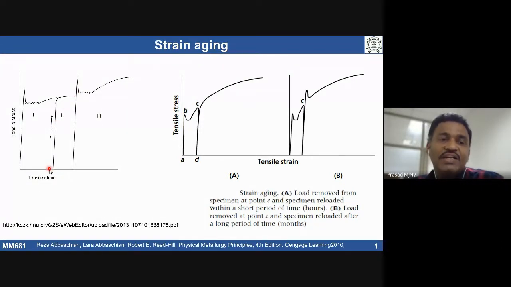If you hold it at room temperature for some weeks or months, you see reappearance of the yield point, and the same problem comes back. So one has to form it quickly, without much hold. That is the strain aging aspect.